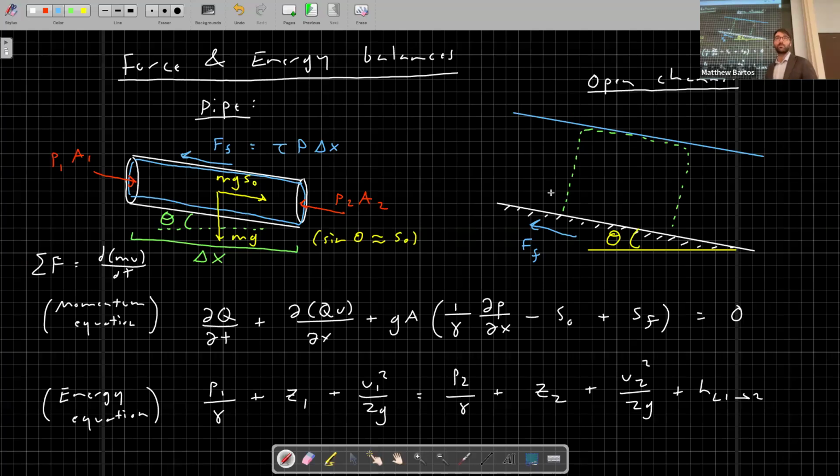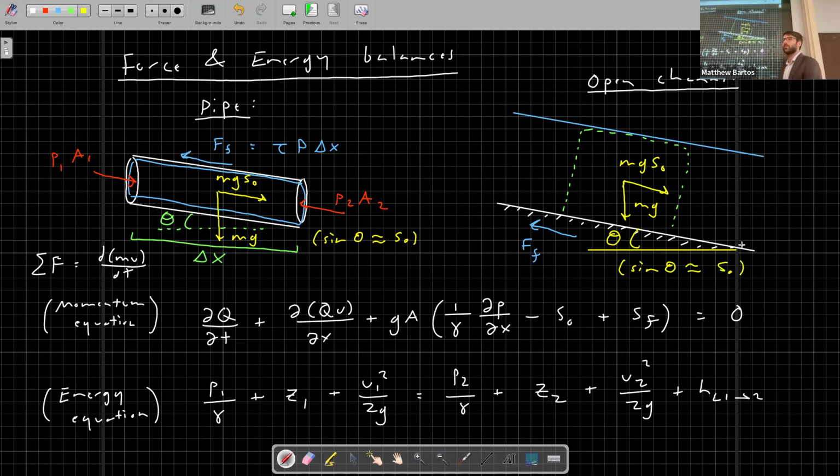Is there a gravitational force acting on the water? Yes, so we will also have a gravitational force that acts in the exact same way. So mg is the gravitational force in the vertical direction. In the direction of flow, it'll be just as before, mg times the bottom slope, where sine theta is approximately equal to the bottom slope.